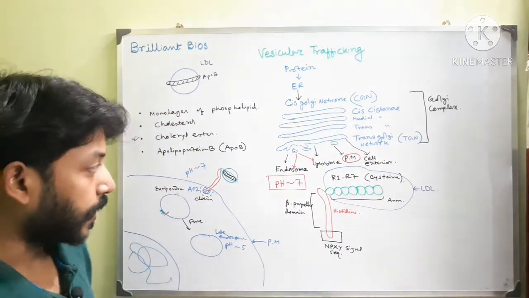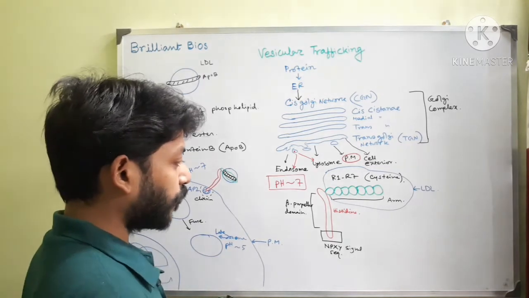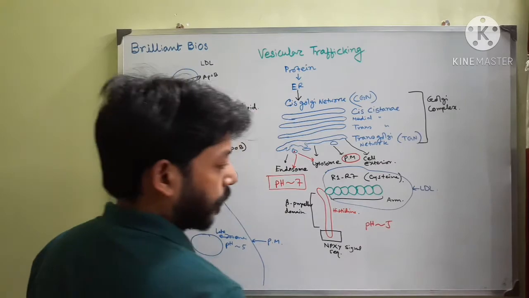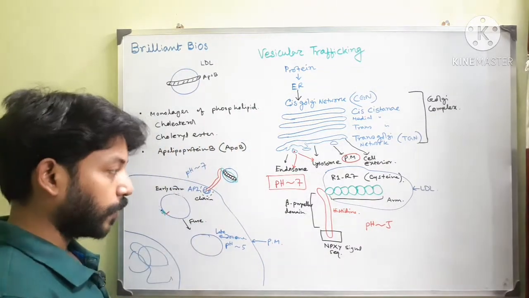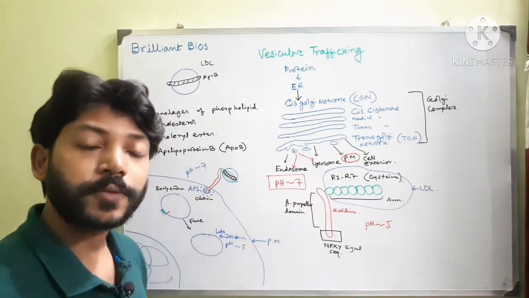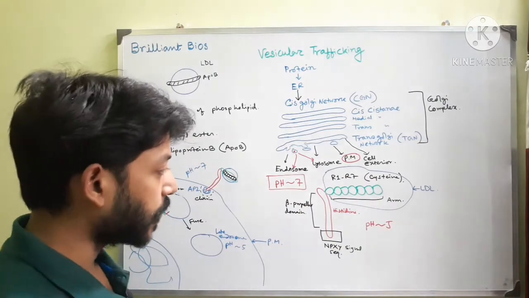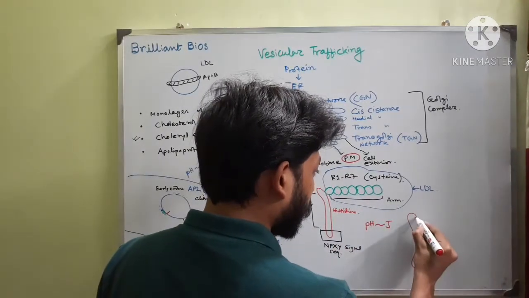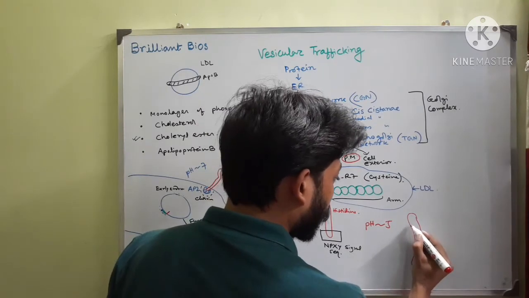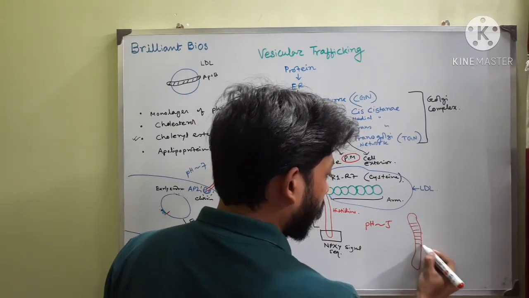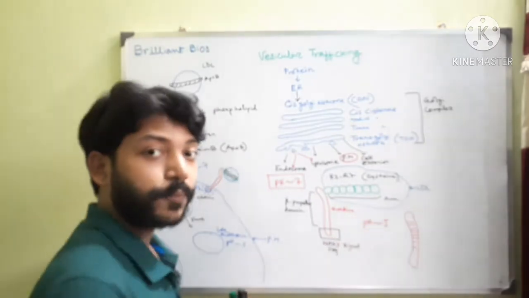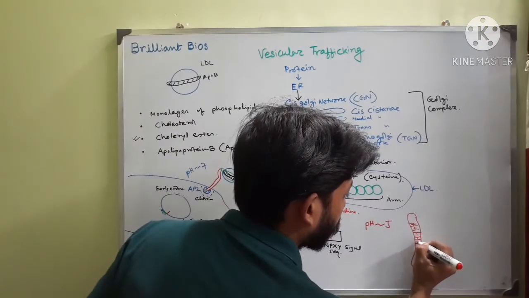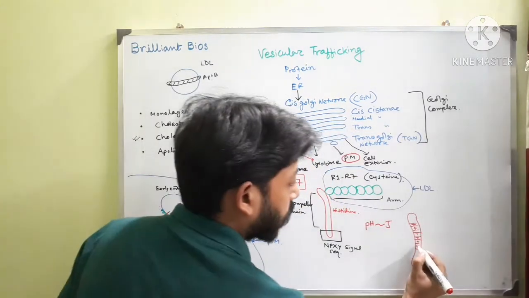Okay, but at the pH 7, when the pH falls, at the pH 5 in the endosome, late endosome, the conformation of this receptor changes. How it changes, I will show you. These portions, this red area, in that beta propeller region, the histidine amino acids that are present become protonated, become positively charged at the low pH.